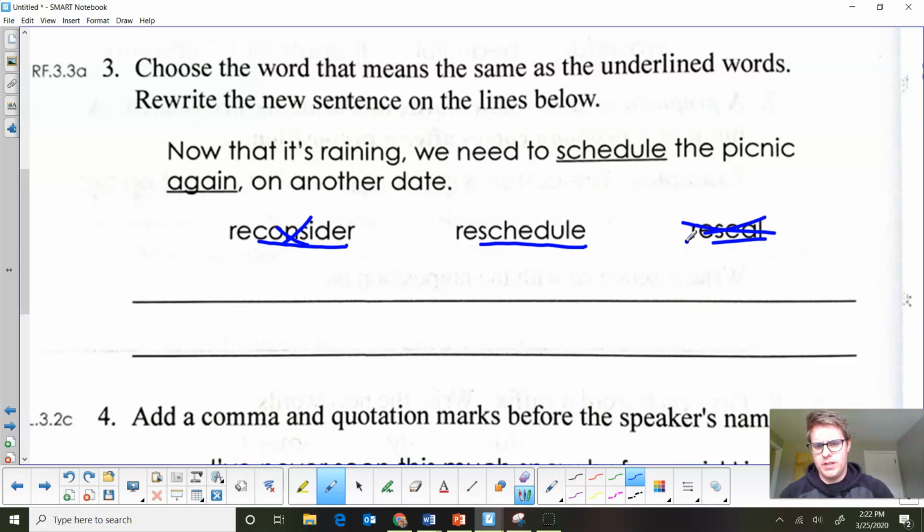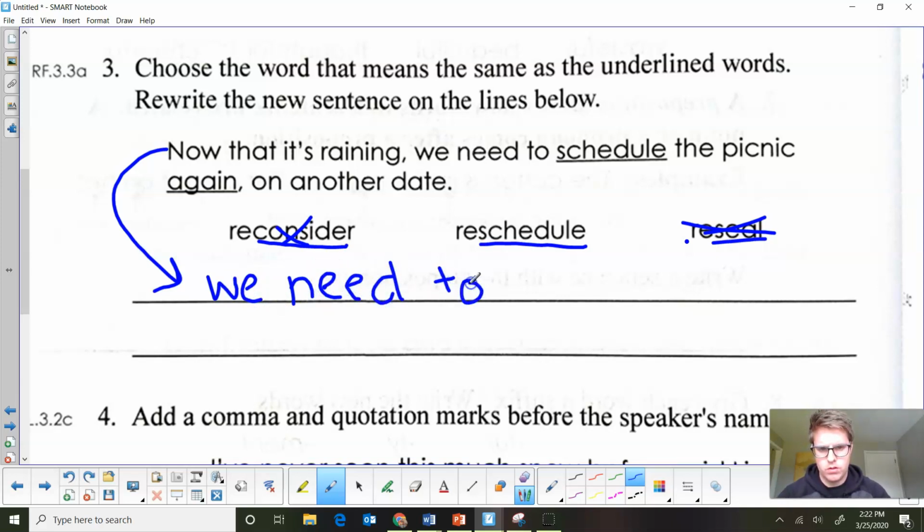Well, to save time, let's just draw an arrow and bring the first part down. Now that it's raining, comma, we'll pick up with the we. We need to reschedule.